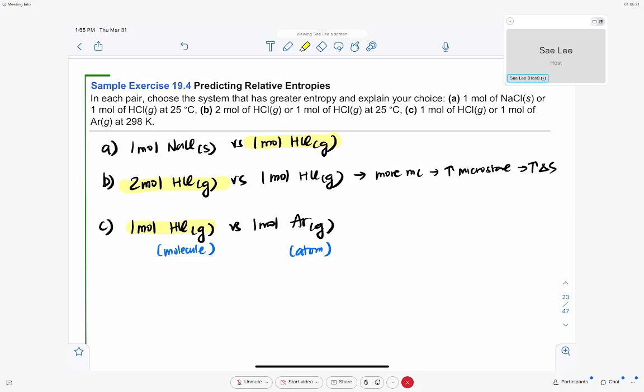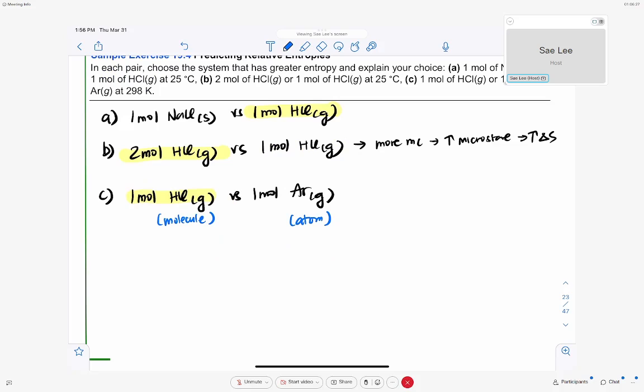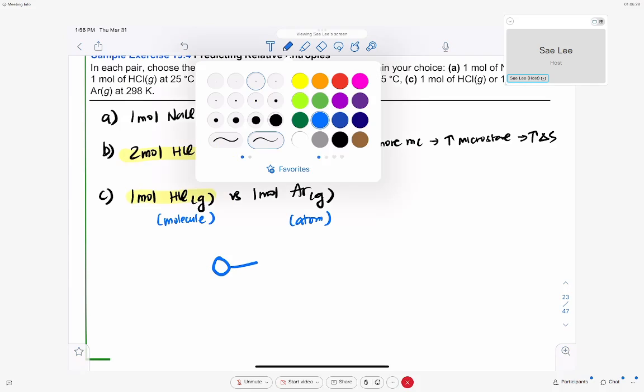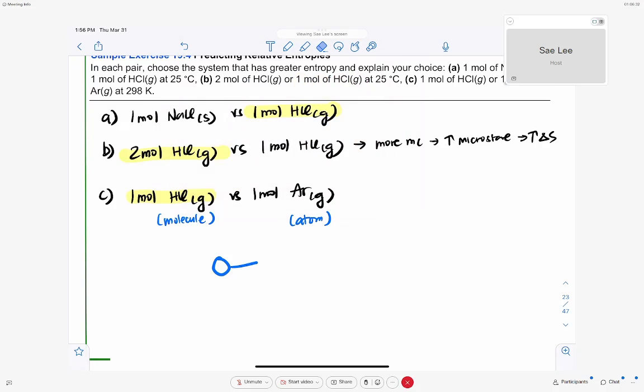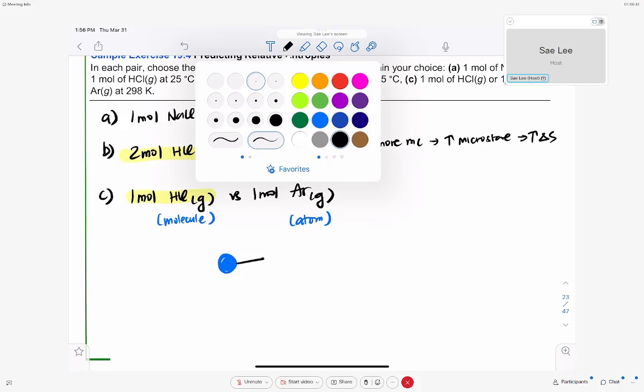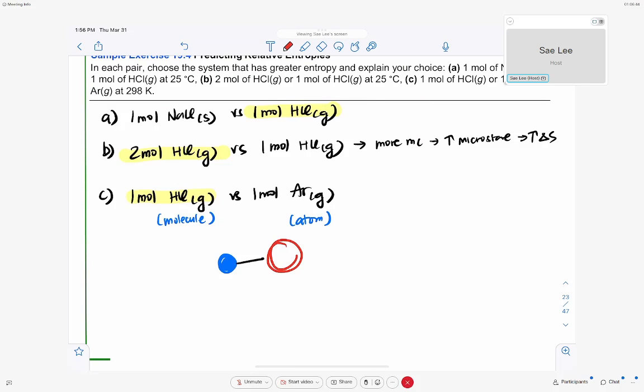This is because molecules are able to rotate and vibrate, but atoms cannot. Let's say this is hydrogen and this is chlorine. Due to this bond, the linkage, that's how the molecules vibrate and rotate.